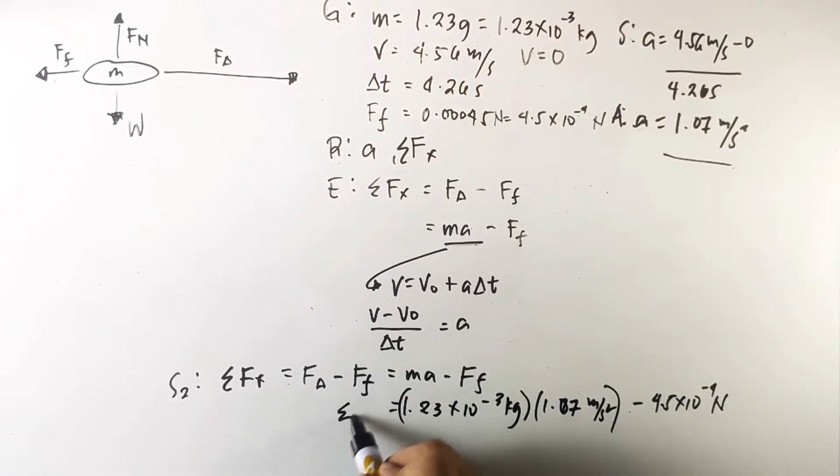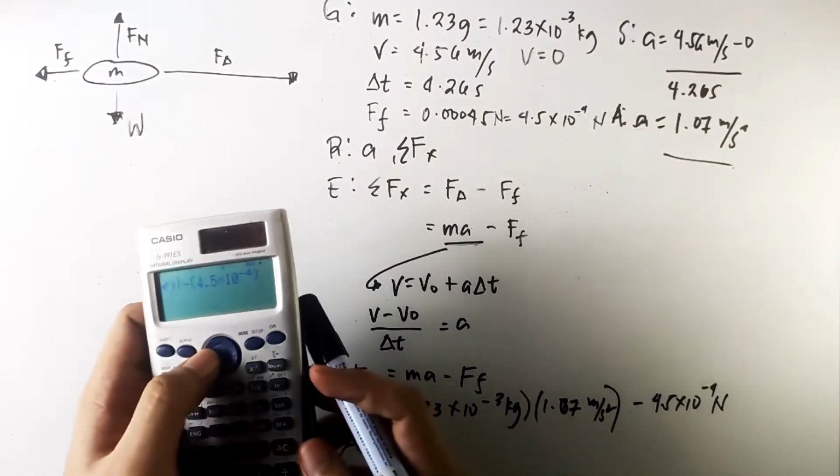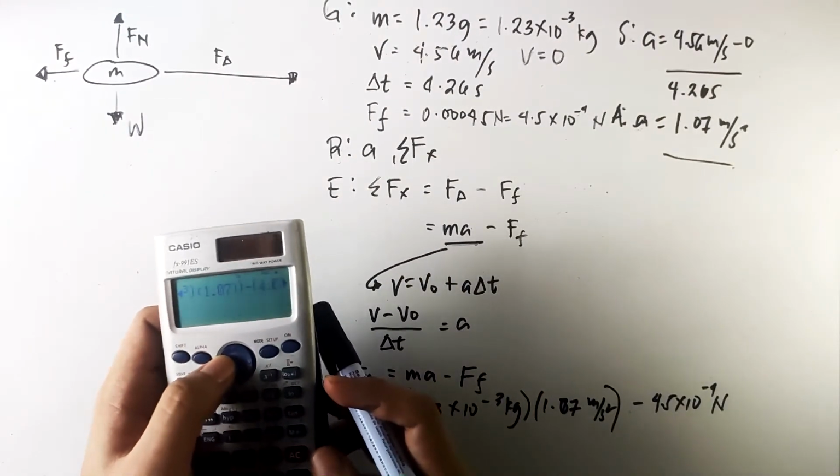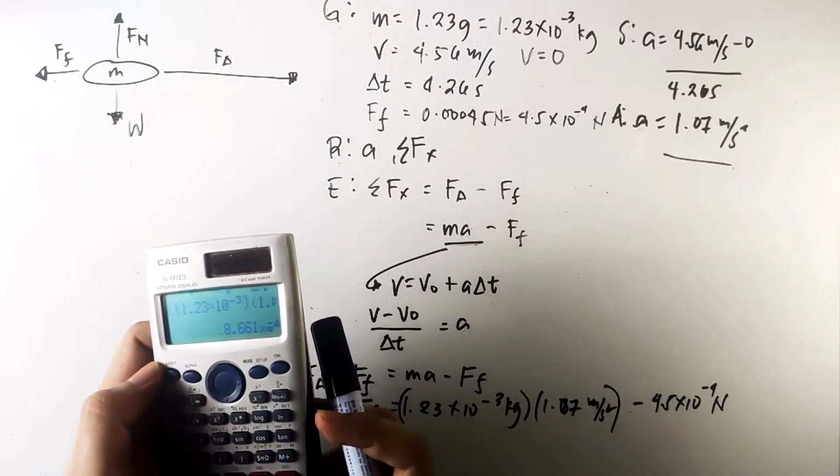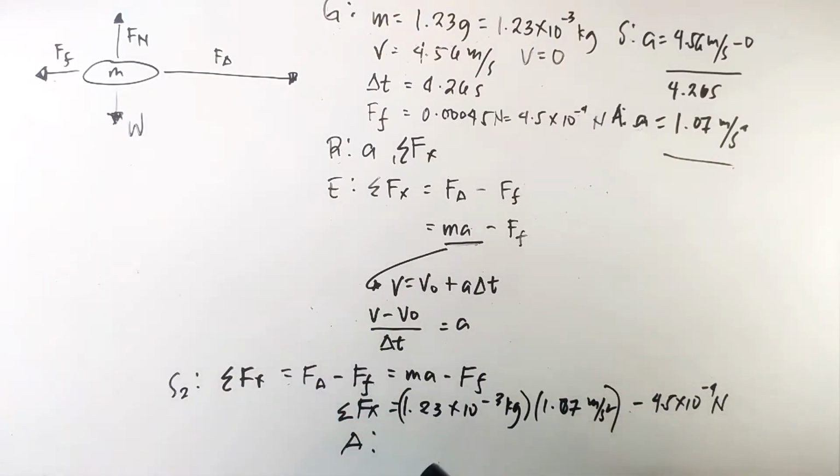So this will be your summation on the x-axis. So what will be our answer? I already placed it in the circle there. Can you see it? So what's our answer? There, 8.66 times 10 raised to negative 4. Then the unit, of course, is kilogram times meter per second squared, so that will be newton. So that's it. Let's proceed to taking another guided practice problem.